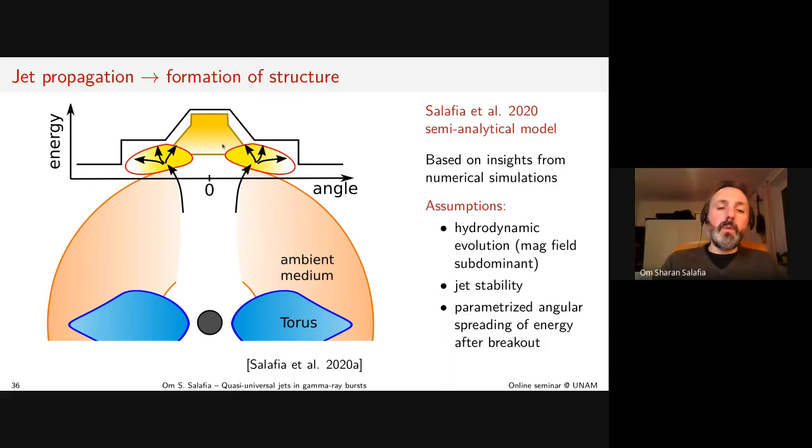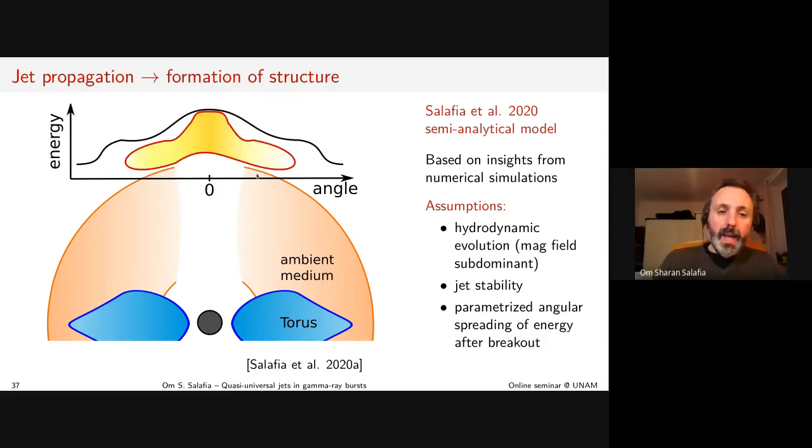And all this material will have an angular distribution of energy, which is the result of all this interaction. And due to the entrainment of the material of the jet with that of the cocoon, you have an interface, you have some mixing, and then you have a kind of smoothing of this structure during this process. And this is basically the idea behind the model.